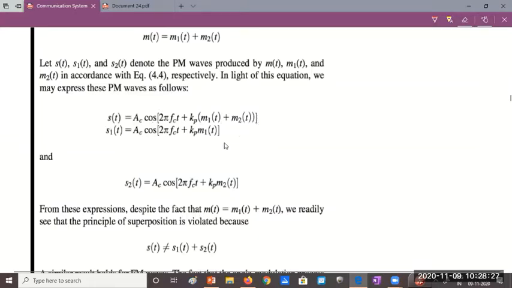But do you think it would be equal? You add S1 plus S2. Will it be equal to S of t? No, ma'am. Surely not. Why? Because we have this cosine here: Ac cos of 2 pi fct plus kp m1 plus Ac cos of 2 pi fct plus kp m2.